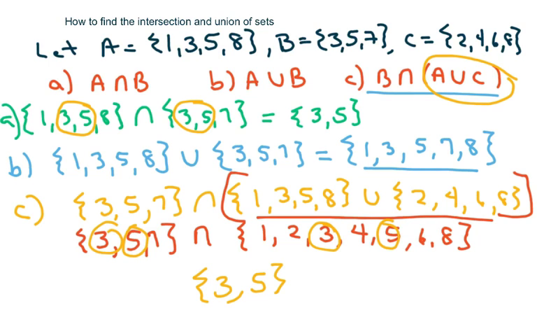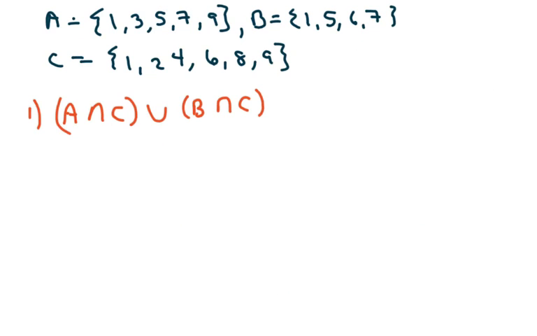Okay, so the next ones we're going to do 3 more of these, and they're the harder, more complicated ones, just so you get a feel for it. We're going to use the same sets, A, B, and C, and we're going to perform the operation here. So for number 1, I'm going to write down the sets.